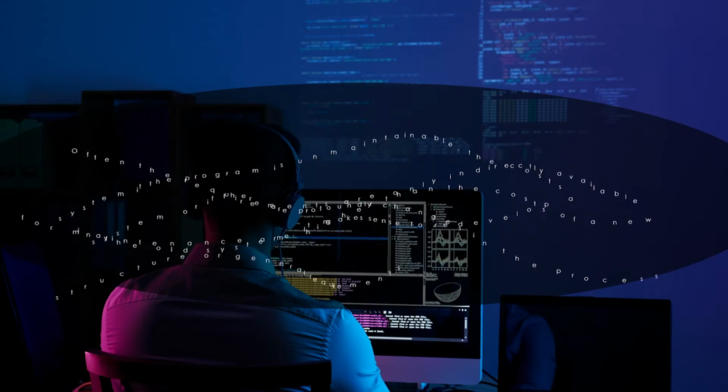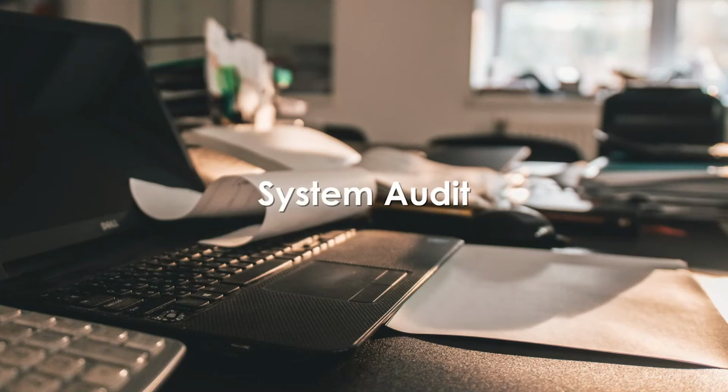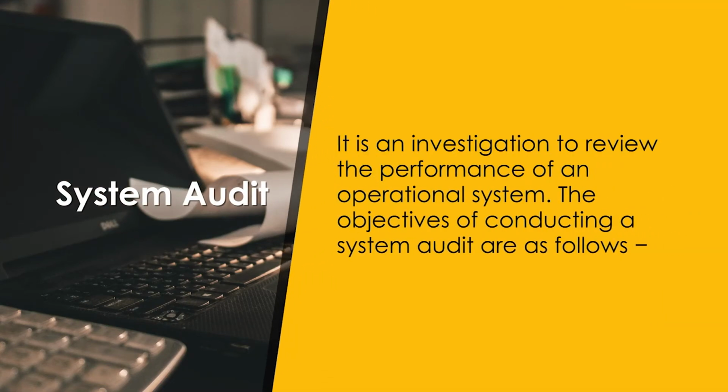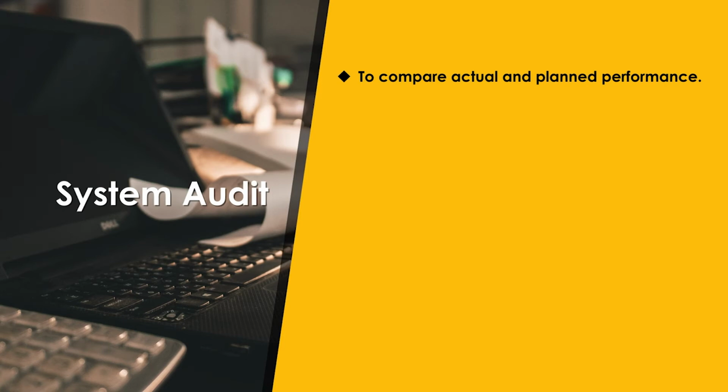The third one is to improve the existing system with preventive maintenance. So another thing here we can talk about is the system audit. It is an investigation to review the performance of an operational system. The objectives of conducting a system audit are to compare actual and planned performance.